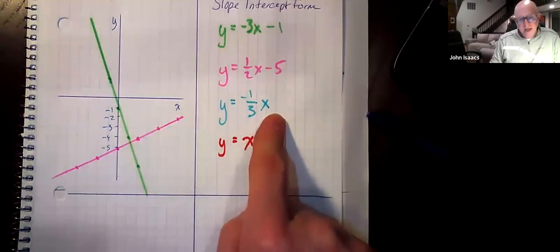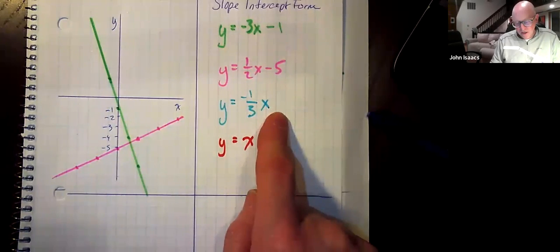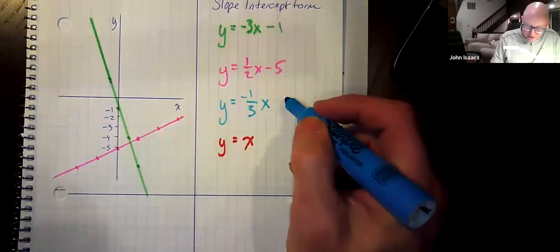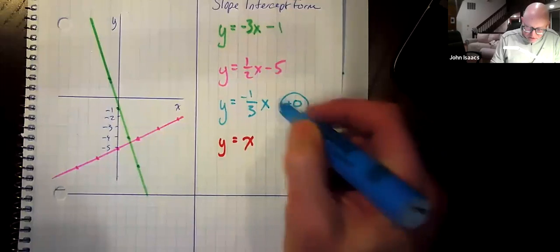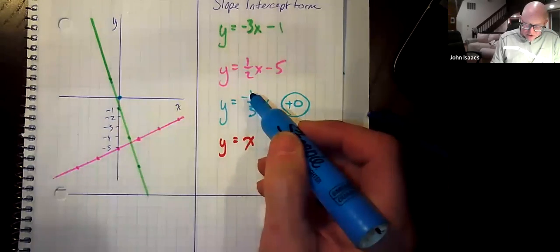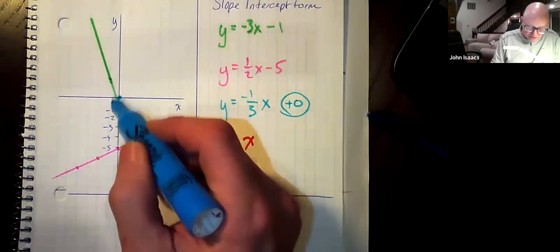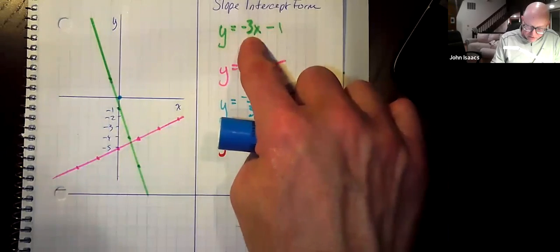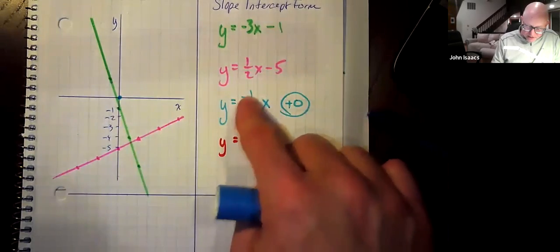The next one doesn't have a y-intercept. It's not shown there. When something doesn't have a y-intercept, we assume that it is +0, right? So it has a y-intercept of 0, so it goes through the origin. And it has a slope of -1/3. That means it goes down 1 and over 3. That's not the same as -3. -3 was down 3 and over 1. But this is down 1 and over 3.